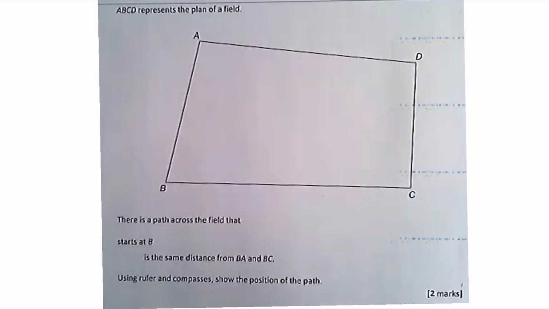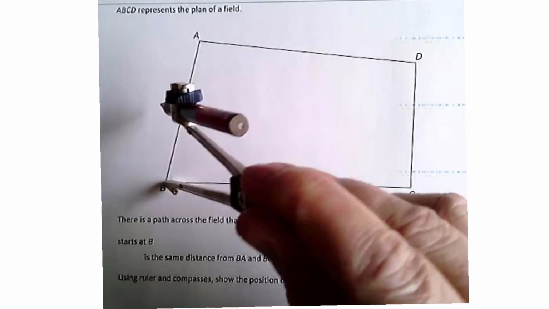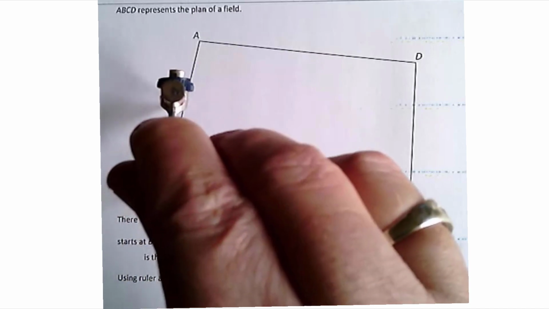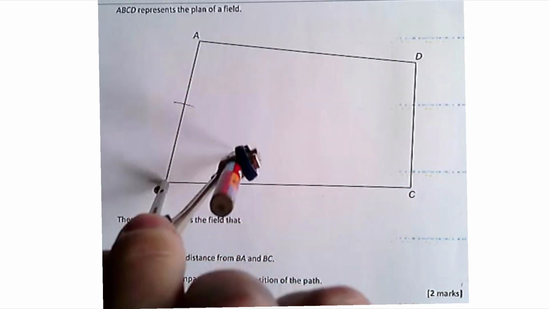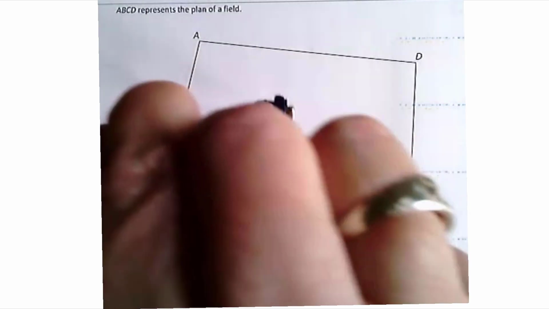Right, what we need to do is to create an angle bisector at B. So putting your compass point at B, draw an arc that crosses BA and BC at the same distance, without changing the aperture. And then move the compass point to the mark that you made and draw a mark in the middle. Sorry, can't really see that very well.